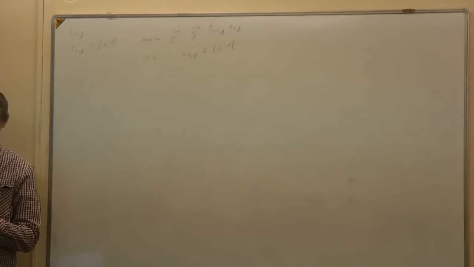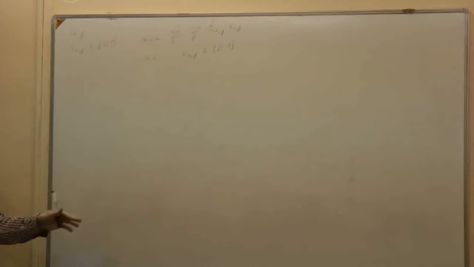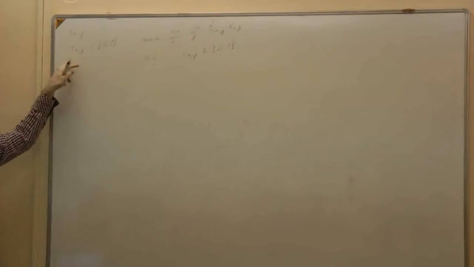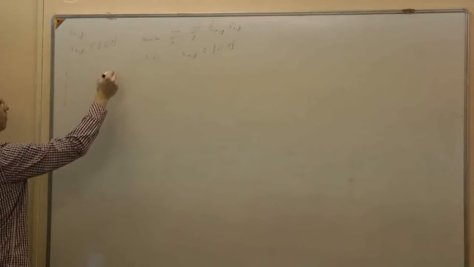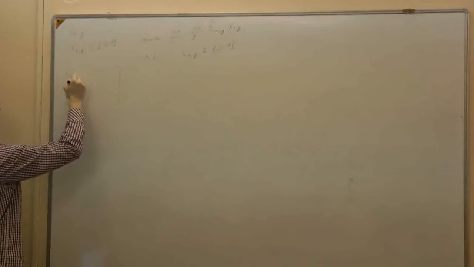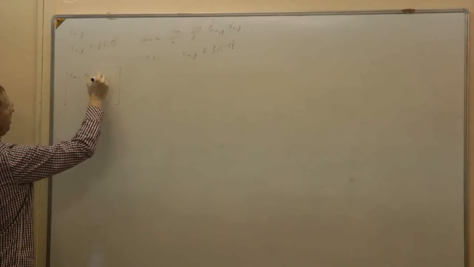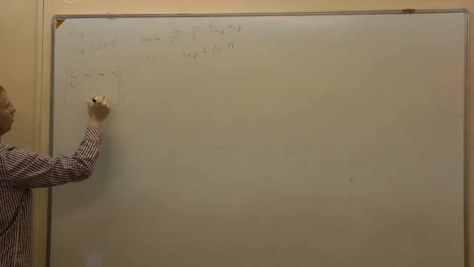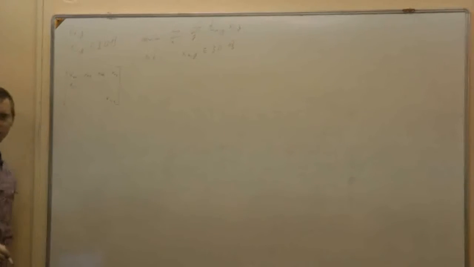Okay? But now look at the picture again. It says something important about the choice of these decision variables. By the way, those decision variables we can interpret as a matrix. This would be x11, x12, x13, x14, x21, all the way to x44.